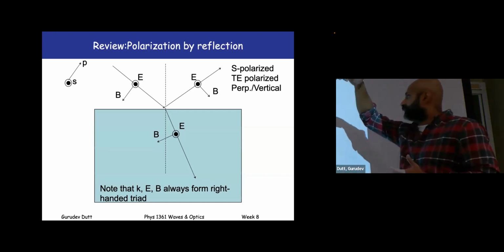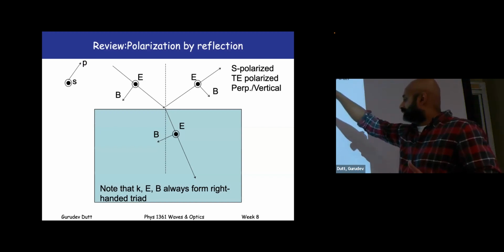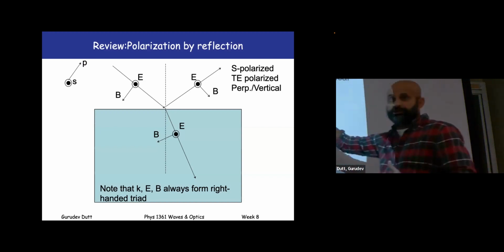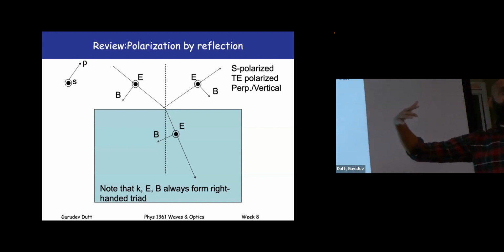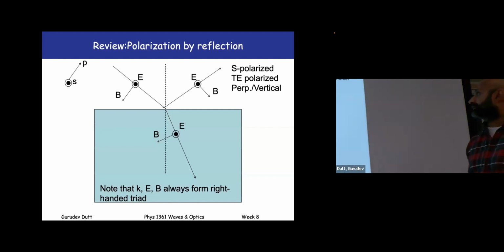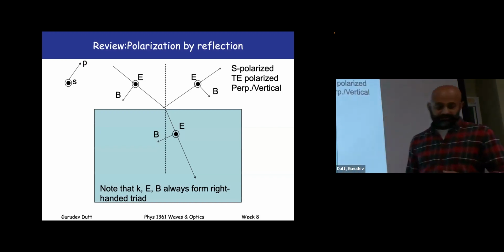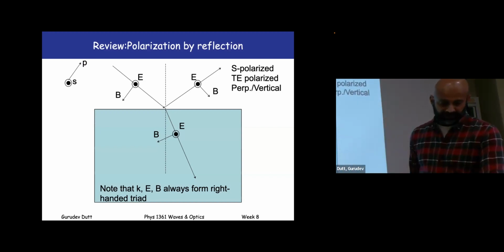So E is always pointing up or out of the plane of this screen, and B has to point along this direction to satisfy the fact that k, E, and B form a right-handed triad. Okay, and this is called S polarized, or as I said, perpendicular polarized, or TE polarized, etc.